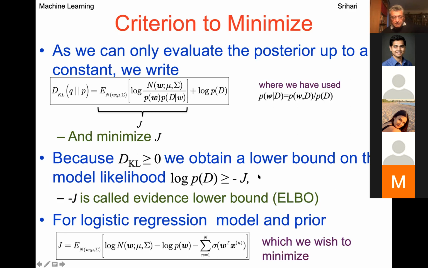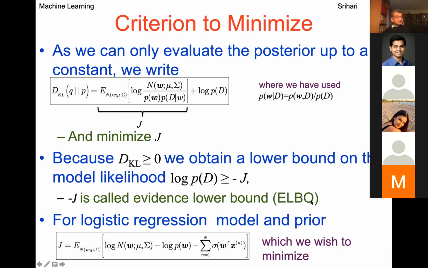We obtain a lower bound on the model likelihood. And that lower bound is log P of D is greater than or equal to minus J. And J is this quantity, all right? So this quantity is going to be a lower bound on log P of D, and this minus J is called the evidence lower bound, or ELBO.